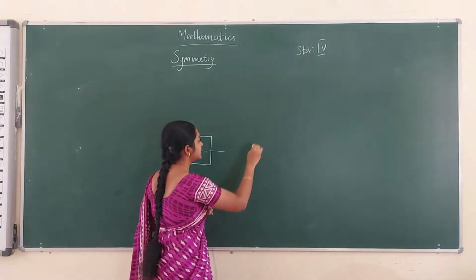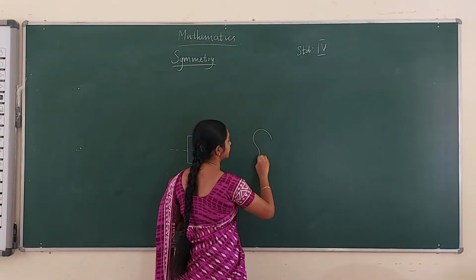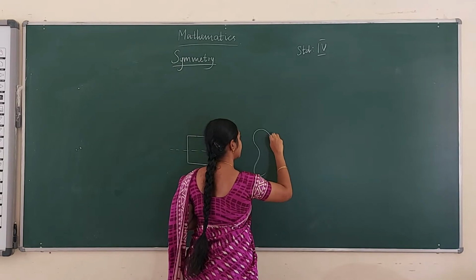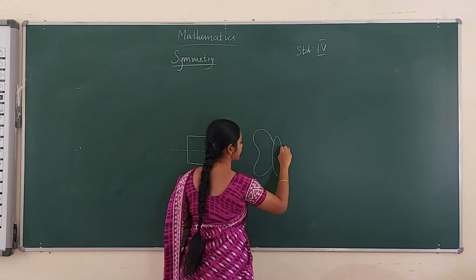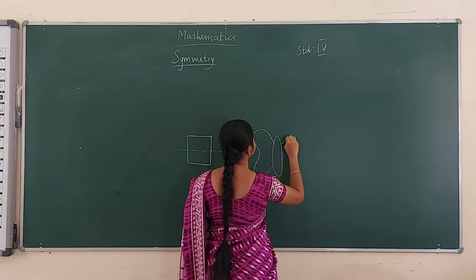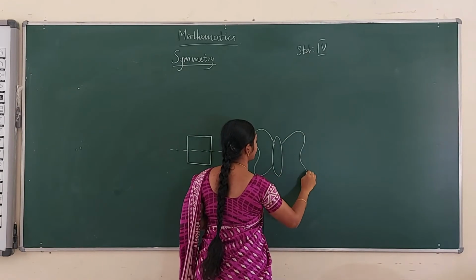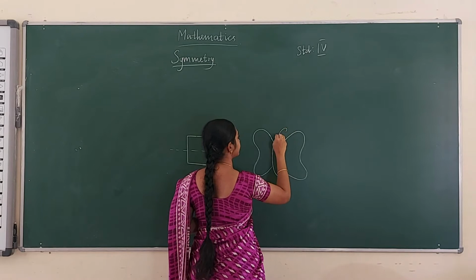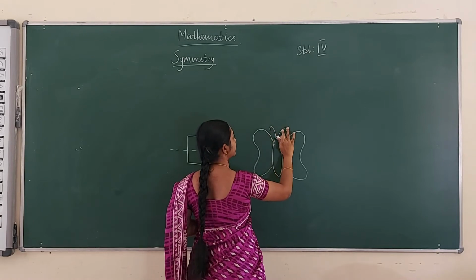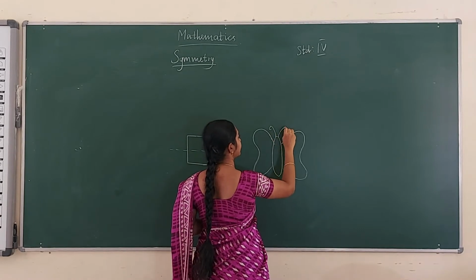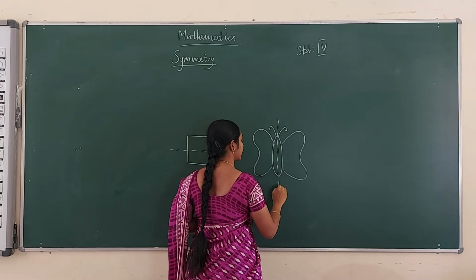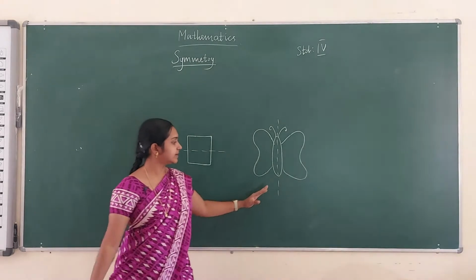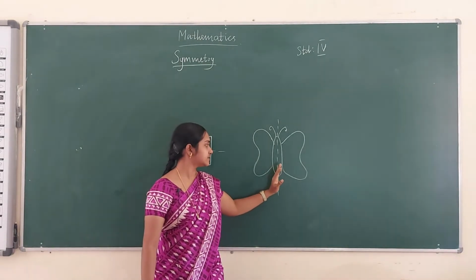For example, consider a butterfly. I have divided the butterfly using a line.